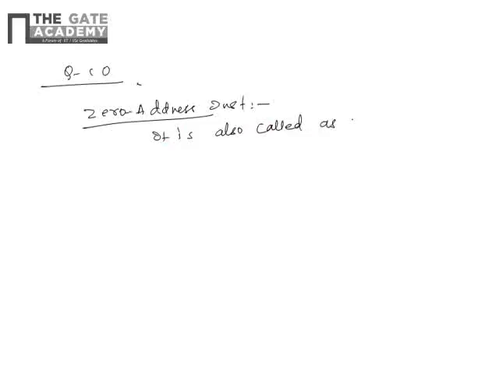Okay, so here we have to follow what zero address instruction, right? Zero address instruction set, or you can say zero address machine. This zero address machine is also called a stack machine.